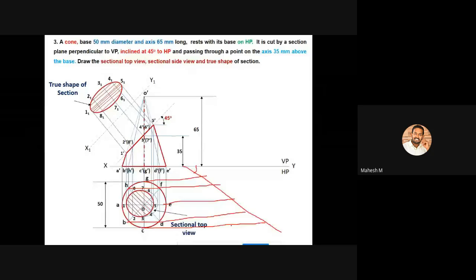And you are having another 8 more points: 1 and 5, 8 and 6, 8, 7, 6, then 4, 3, and 2. You have to project all the points towards this inclined line. After doing that, you have to project all these new points towards vertical.